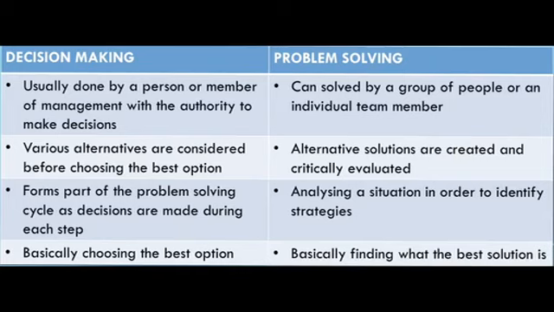We normally critically evaluate them to see which solution is possibly the best for the business to use. So basically the difference between decision making and problem solving is the following. Decision making is choosing the best option, that's the action, and problem solving is finding what the best solution is, and that's a process that takes place over a period of time.